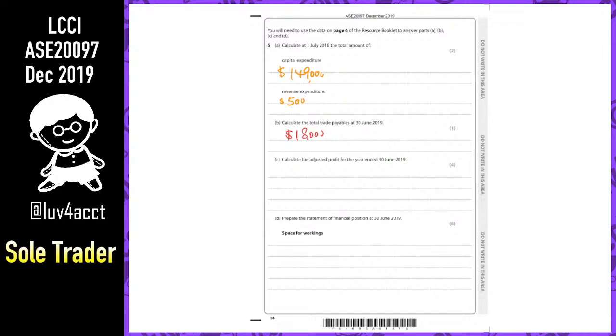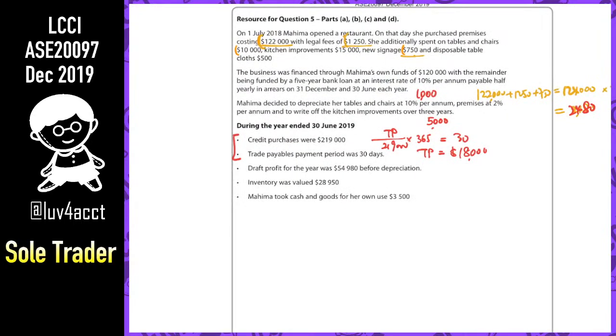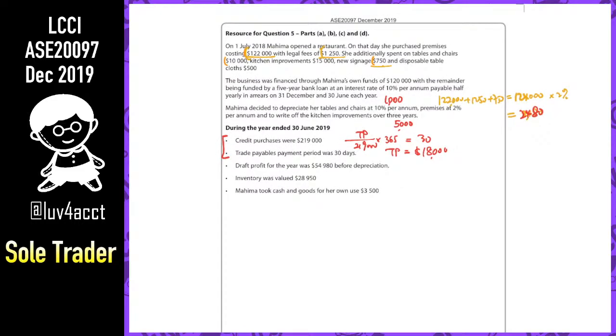Calculate the adjusted profit. Are we given the unadjusted profit? Yes, draft profit before depreciation. So we have calculated the 3 depreciation.